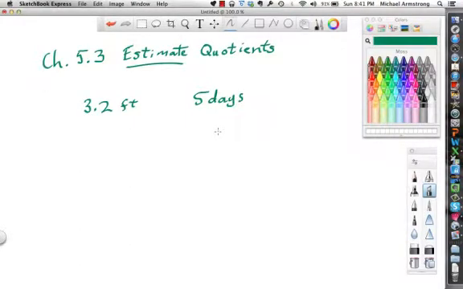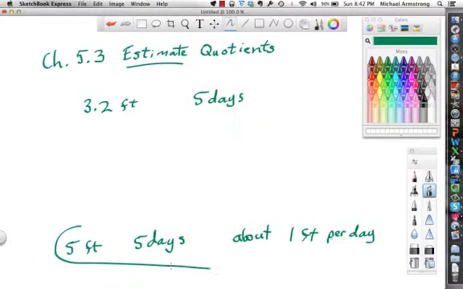So basically we say, well, it would be easy if they got 5 feet of snow in 5 days. That would be exactly 1 foot of snow per day. All right, 1 foot per day.